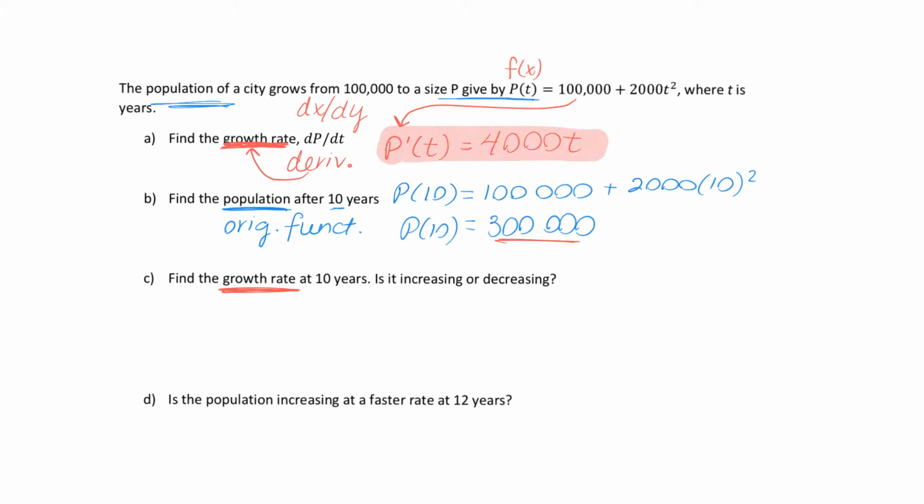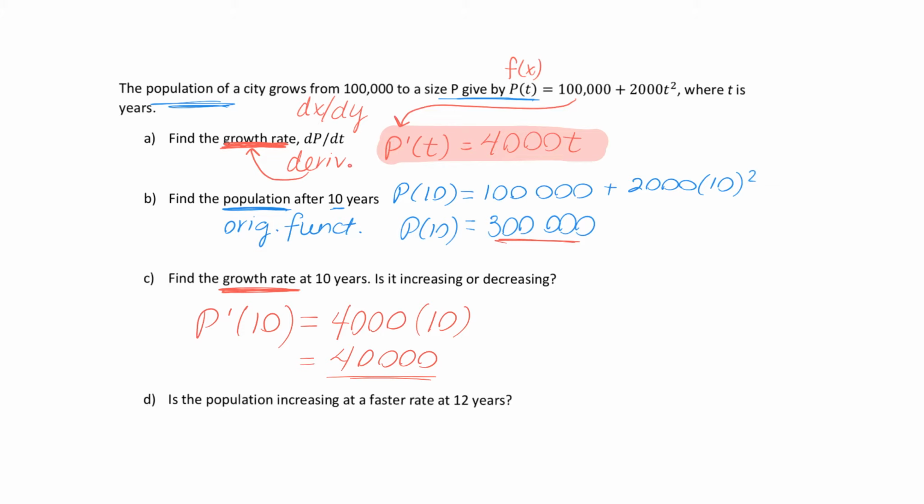So I'm going to use this function to tell me about growth rate. So P prime of t, and my t is going to be 10 years. So P prime of 10 is going to be 4,000 times 10, which of course is 40,000. So the city grew by 40,000 people.